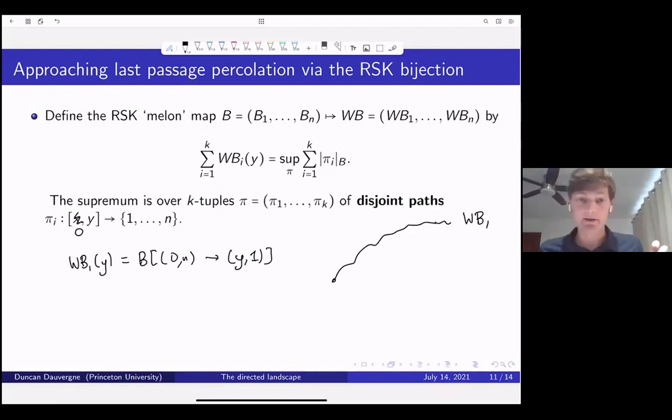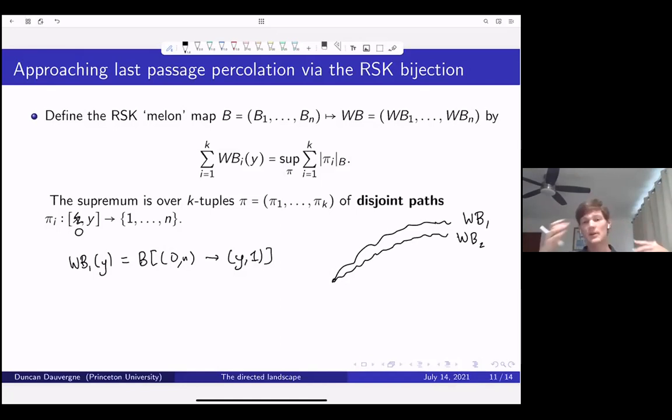The second path is sort of the additional gain you get from being able to optimize over an additional disjoint path. So you don't do as well as you did with your first path, but you still do pretty well. So you make this gain from adding a second path.